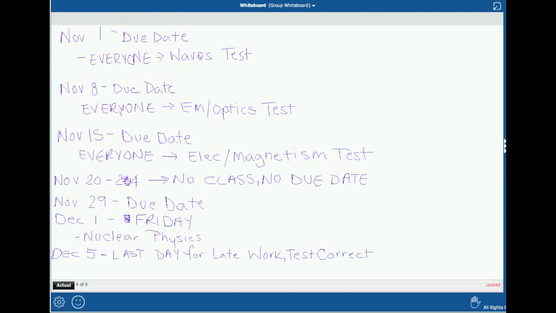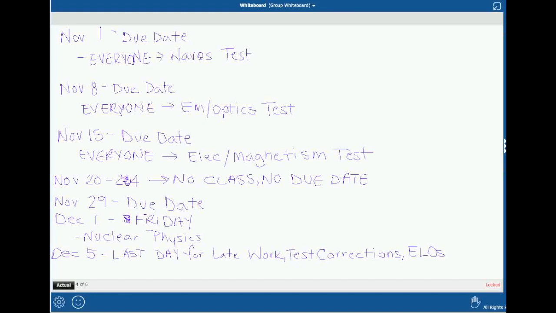Test corrections, everything. Do not ask me on December 6th to take your test corrections or your ELOs from watching these sessions or anything like that, because I can't. It's virtual policy that I cannot take anything after December 5th at midnight on December 6th. So basically you have till 11:59 on December 5th.